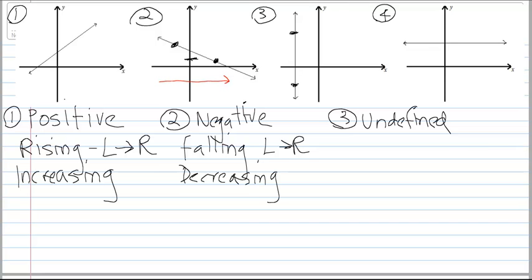Is the line falling? How fast is it rising? How steep is the line? How flat is the line? So when we look at a line like this, we recognize, it's very, very steep, but it's not slanted either in the positive direction or the negative direction. It's straight up and down. Because of that, we say that the slope is undefined, and this is going to be a vertical line.